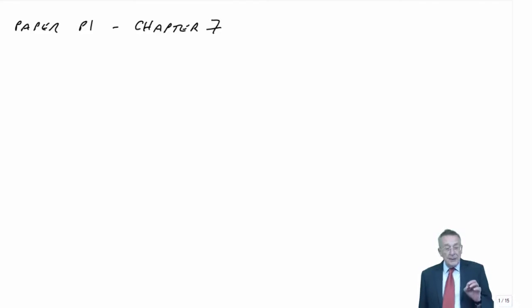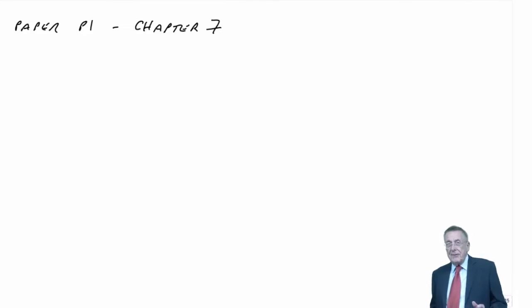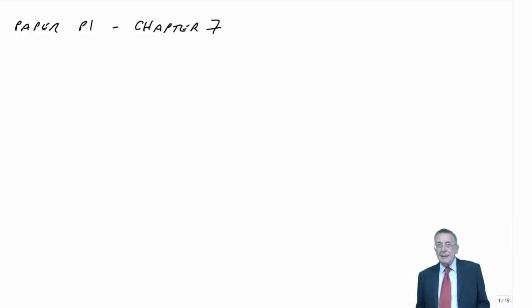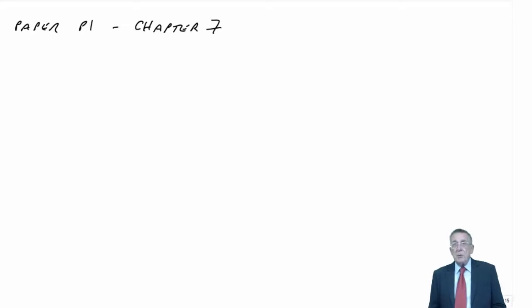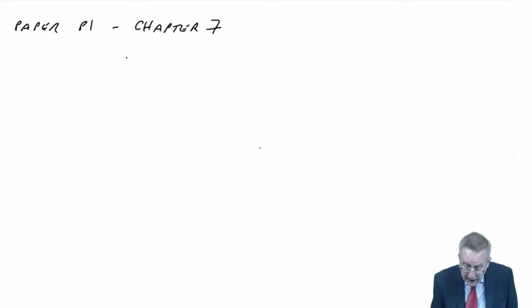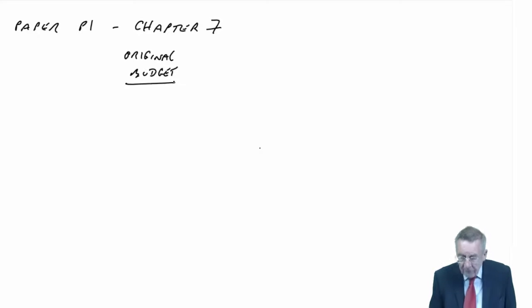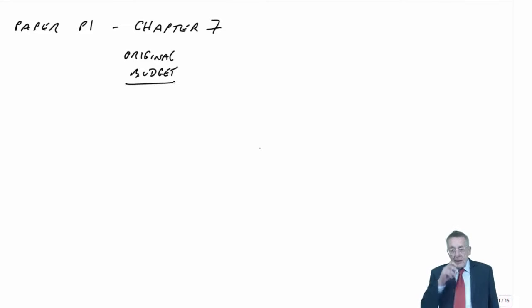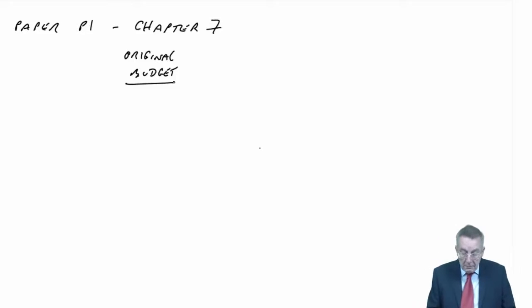So before we go into the analysis of the variances proper, let's do a little exercise which won't take too long, but bear with me. What I want to do is, first of all, write down the original budget. Let's work out how much profit we actually budgeted on.